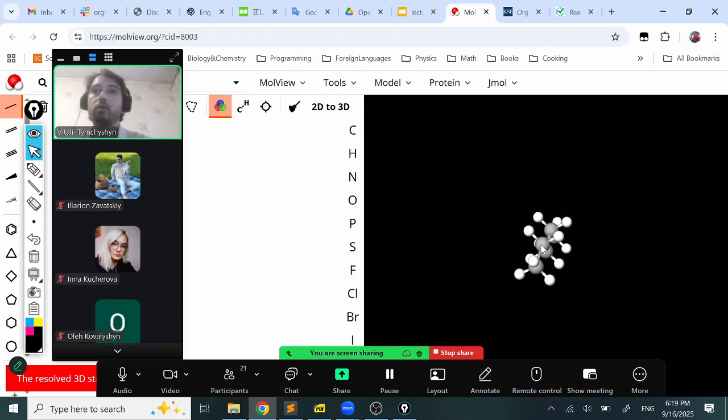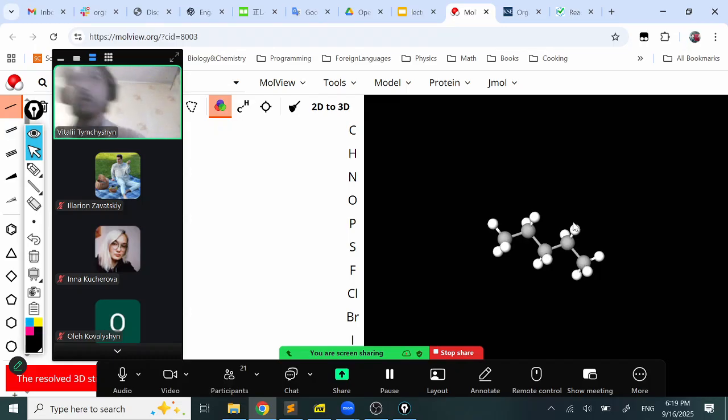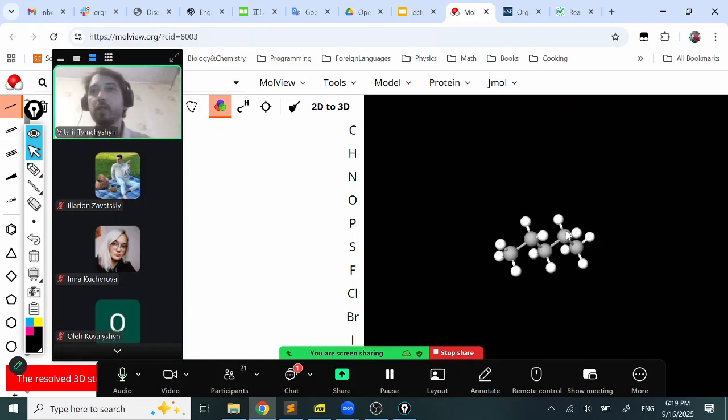Why is that so? Who remembers from the previous lecture? They're trying to be as far away from each other as possible? Yes, absolutely correct. So all these orbitals, they are trying to be as far as possible.